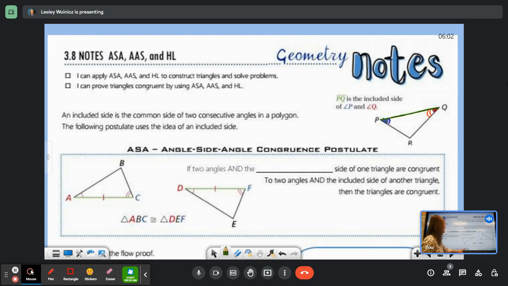Okay, so if two angles and the included side of one triangle are congruent to two angles and the included side of another triangle, then we have congruent triangles. And we have this little picture of our matching A and D angles and our congruent C and F angles and their included sides A, C, and D, F.